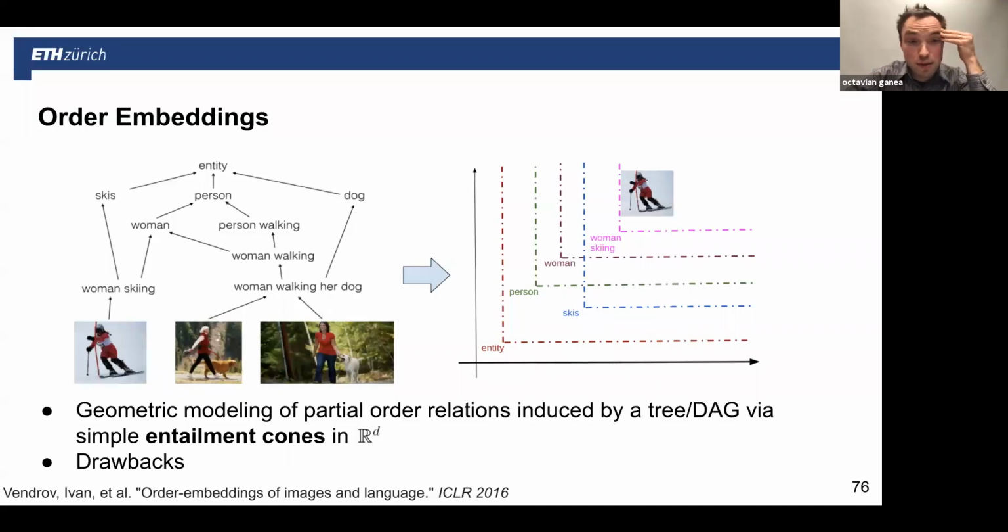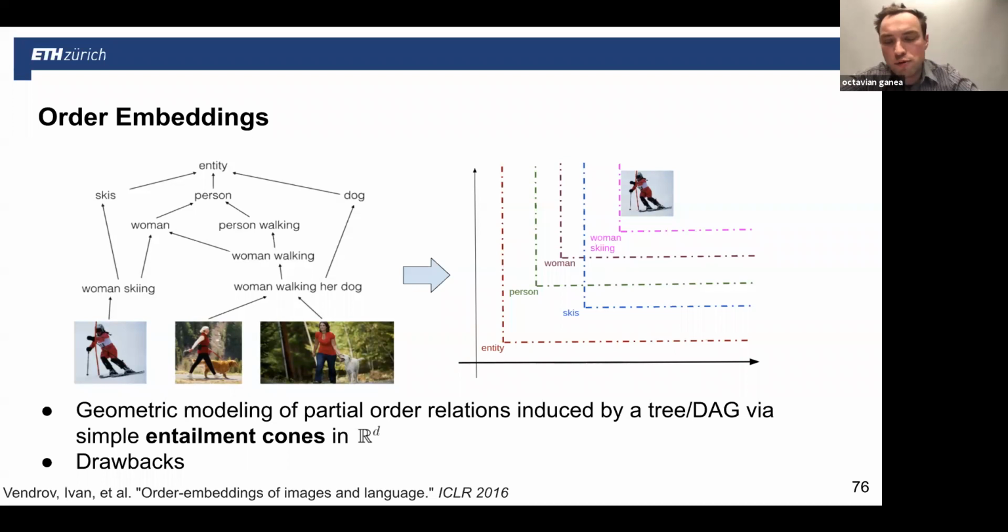There is also another baseline, called order embeddings, where the goal is to put hierarchical structures in Euclidean space, using the so-called concept of entailment cones. So let's say we have the entity person. We want the entire quadrant, the green quadrant to the right of person, to correspond to embeddings that are subconcepts of person.